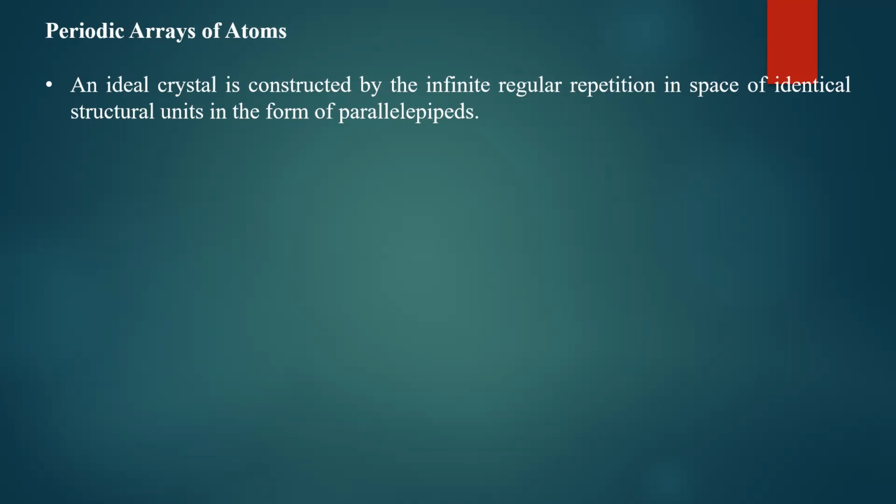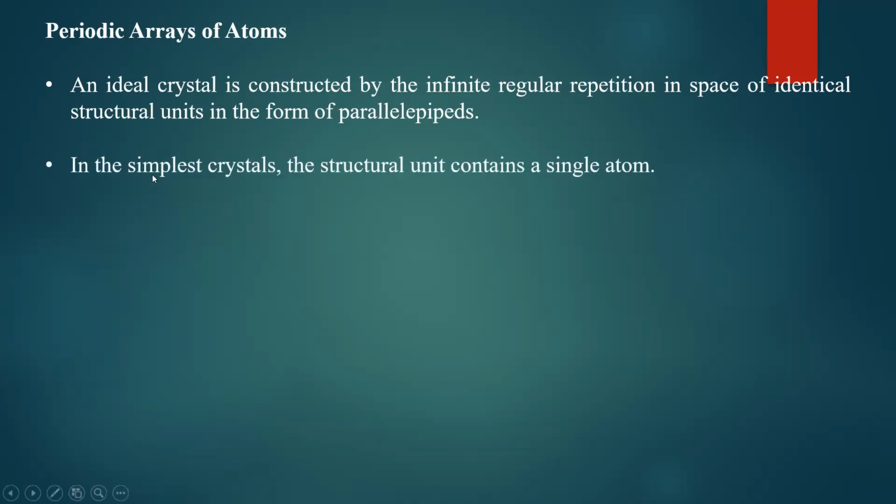If you look at the arrangement of boxes in a particular direction, you can observe a nice arrangement. So symmetry you can observe. In the same way, these parallelepipeds are arranged. Cubes are arranged like this.